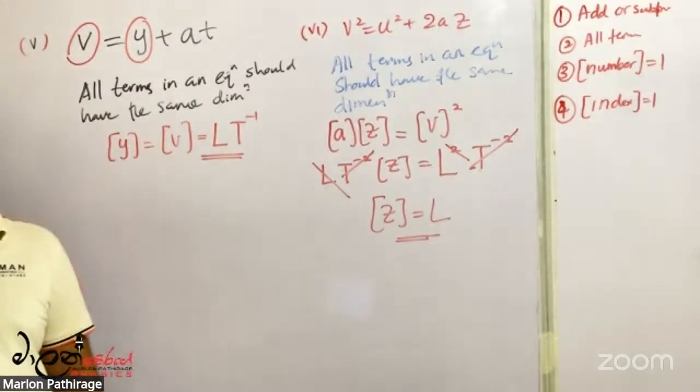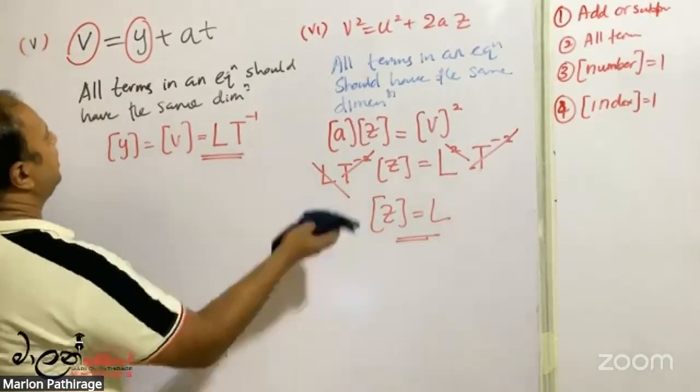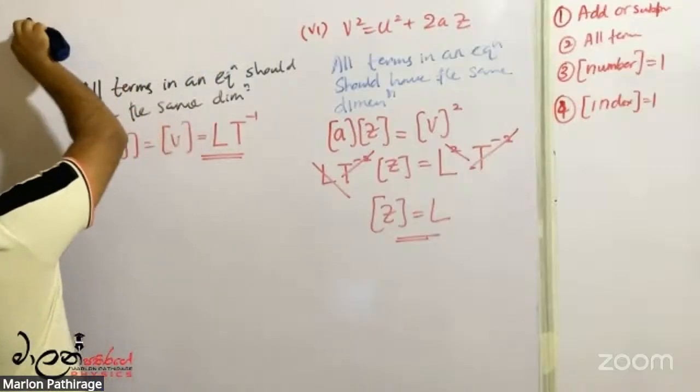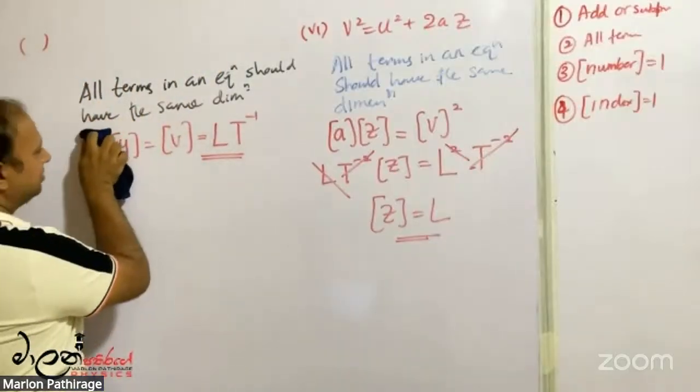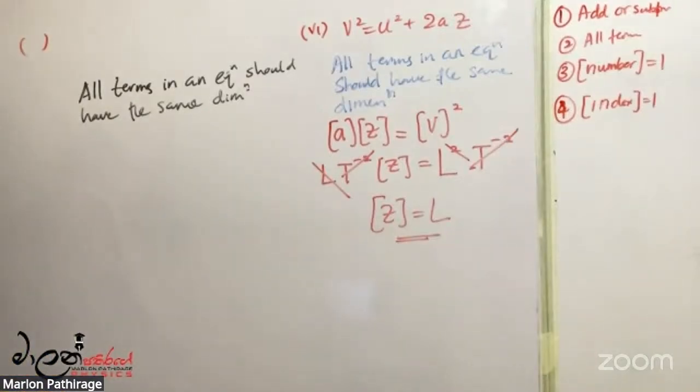Okay. Then the seventh one: S equal U plus Z over 2 times T.